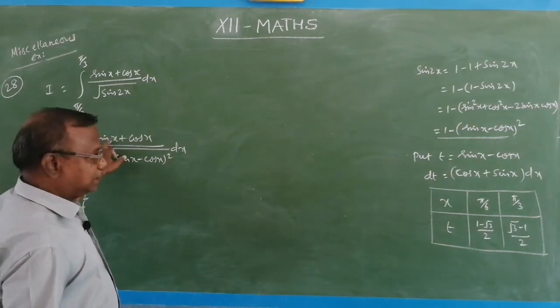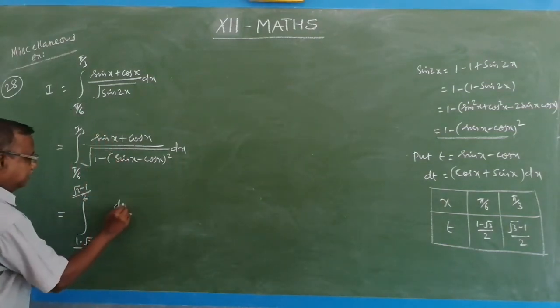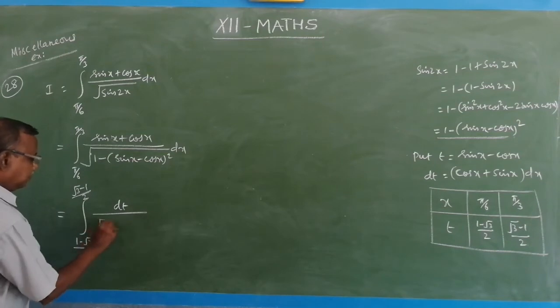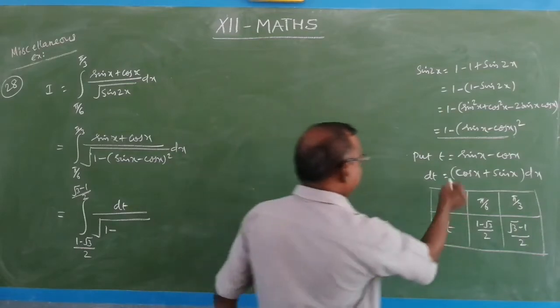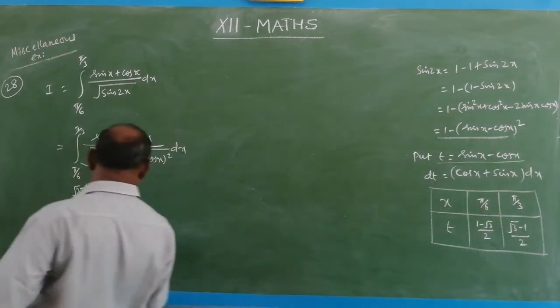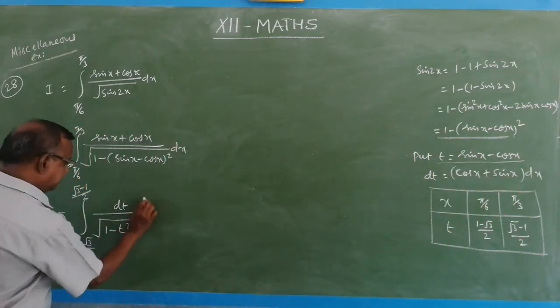(cos x plus sin x) into dx equal to dt, divided by root of 1 minus sin x minus cos x, which we have taken as t, so it is t square, into dt.